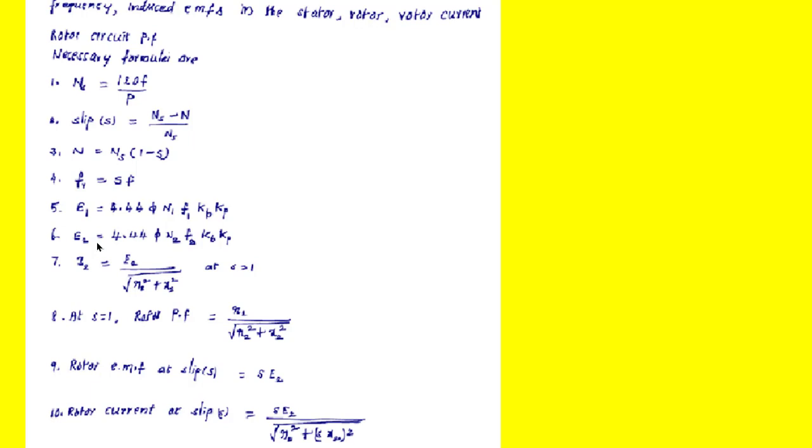Similarly, the induced EMF formula for the rotor is E2 equal to 4.44 N2 Fr or F2 Phi Kb Kp. Here, as usual, Phi is the flux, N2 is the number of turns per phase in the rotor, F2 or Fr is the rotor induced EMF frequency, Kb is the breadth factor and Kp is the pitch factor of the motor.